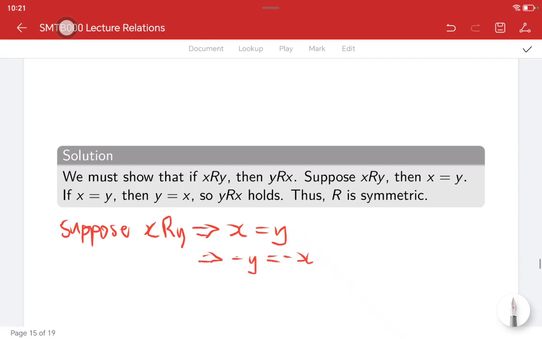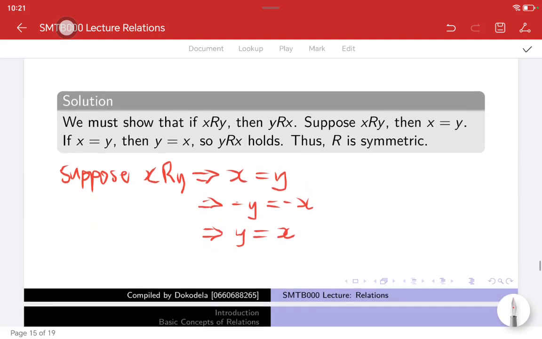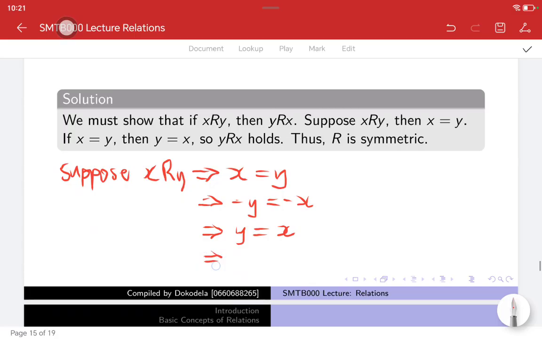I apply commutativity. And then I divide both sides by negative. I'm going to have Y is equal to X. So I've shown now that Y is related to X. Thus, R is symmetric.